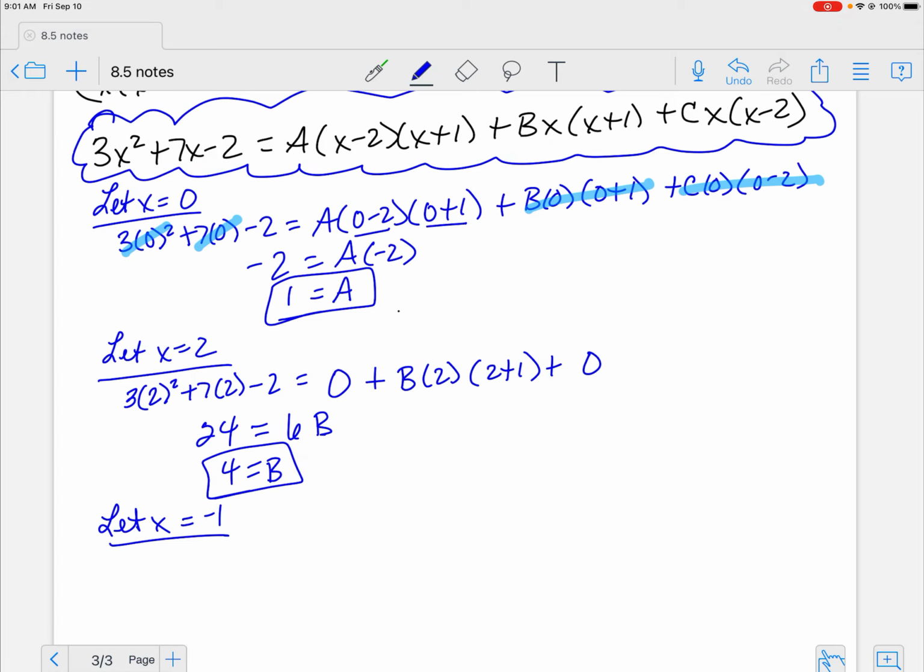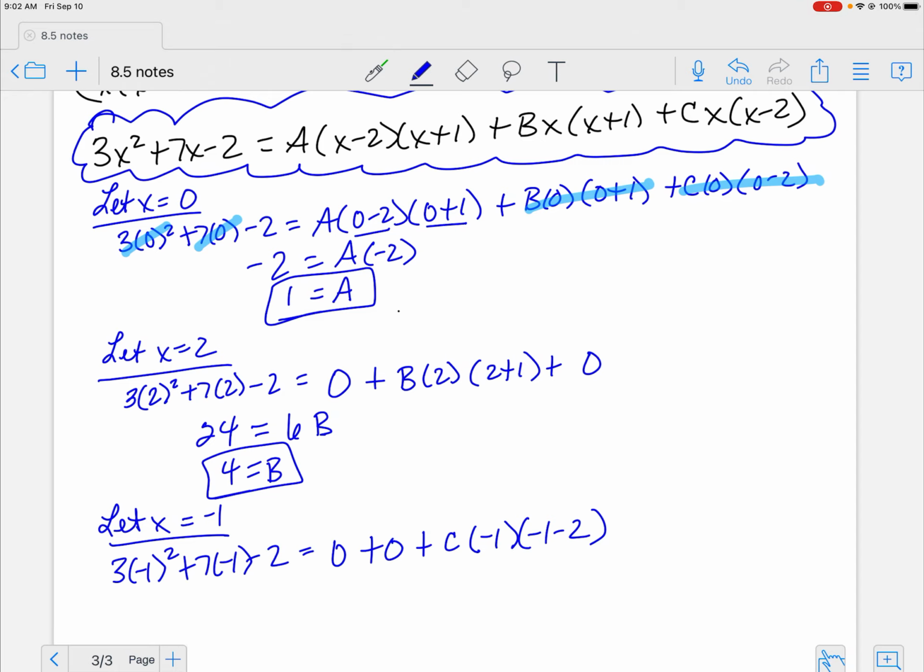But it's worth looking at. Now let x equal negative 1: 3 times negative 1 squared plus 7 times negative 1 minus 2 is equal to, now again with the negative 1, I know this is going to be a 0 and this is going to be a 0, so now I'm solving for C. So 0 plus 0 plus C times negative 1 and negative 1 minus 2.